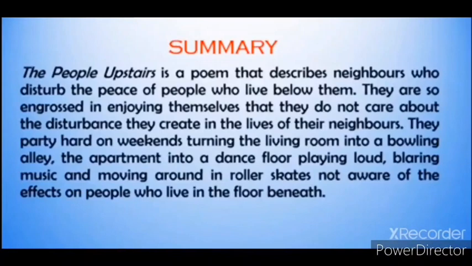The People Upstairs is a poem that describes neighbors who disturb the peace of people who live below them. They are so engrossed in enjoying themselves that they don't care about the disturbance they create in the lives of their neighbors. Engrossed means so interested in something that you give it all your attention.